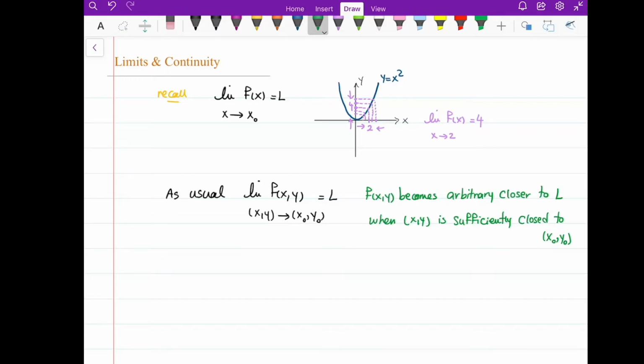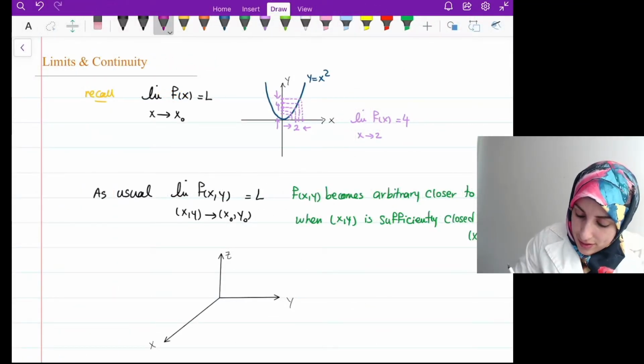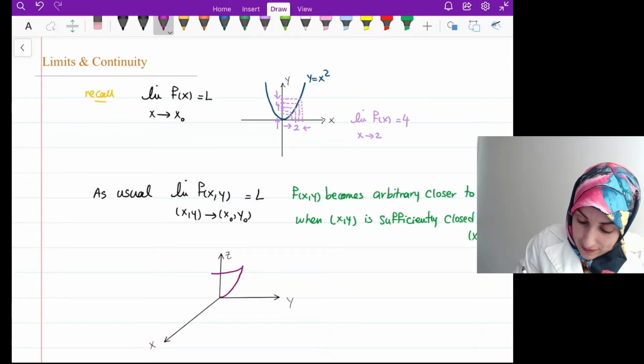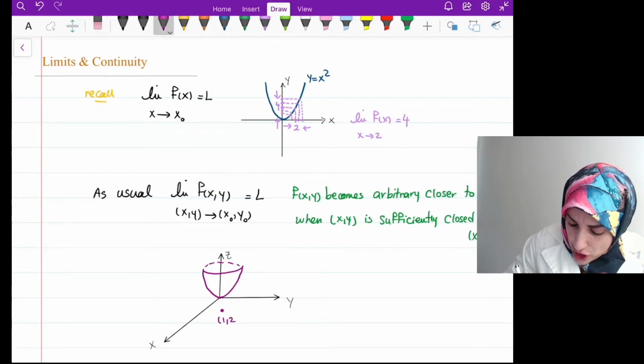Okay, so in 3D we have a shape like this: the x-axis, then the y-axis, and the z-axis. Assume that we have a paraboloid like this, and we pick just one point here, for example the point 1, 2.